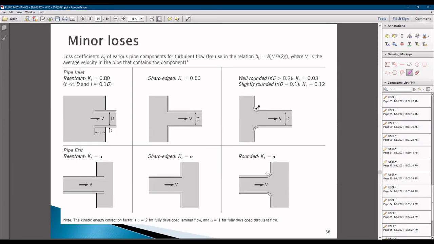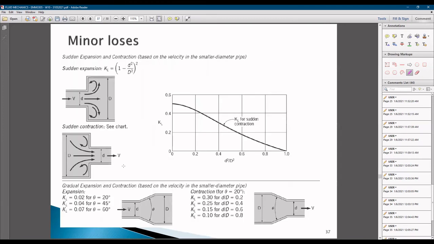This is some example of loss coefficient, or K_L, of various pipe components for turbulent flow. You may refer to this if you would like to solve a problem which needs you to deal with this sort of minor losses.